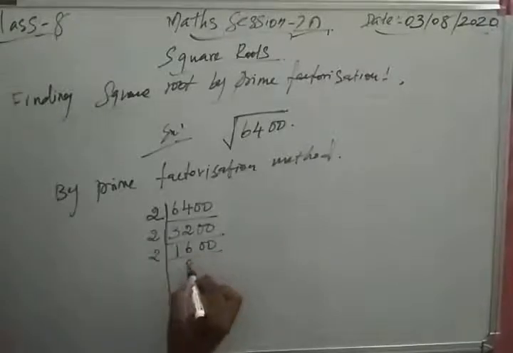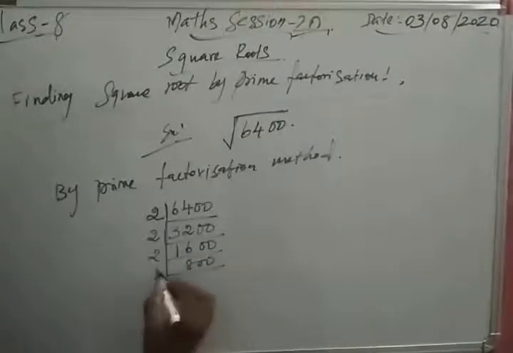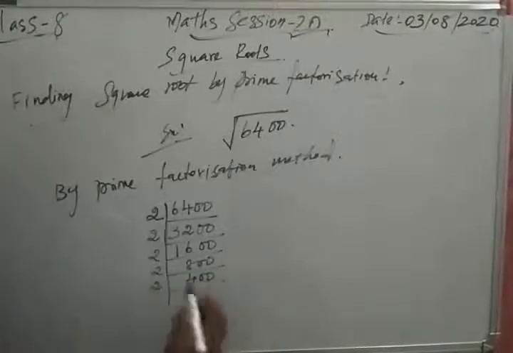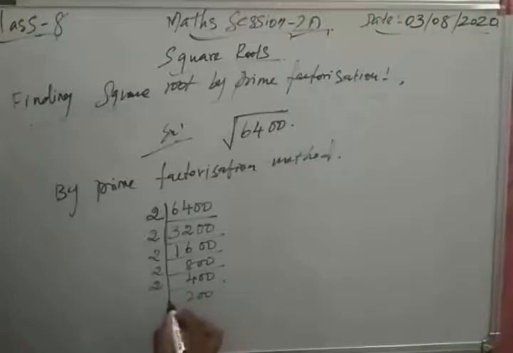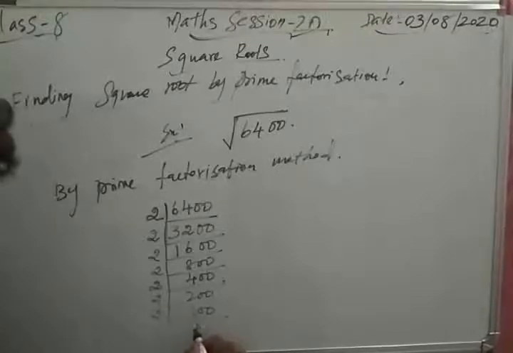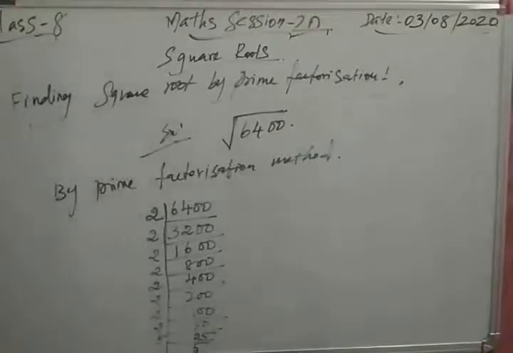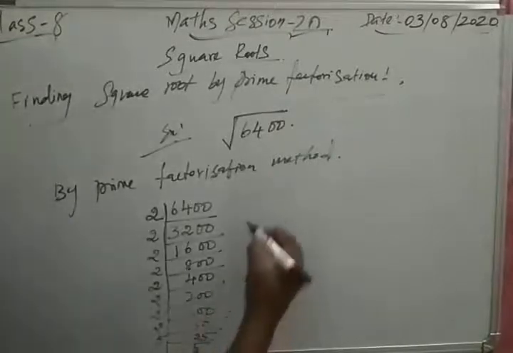Again 2: 800. 400, 200, 100, 50, 25, then 5, then 5.